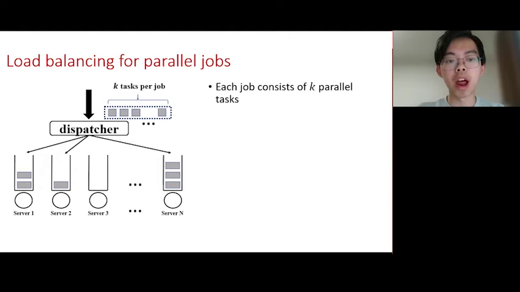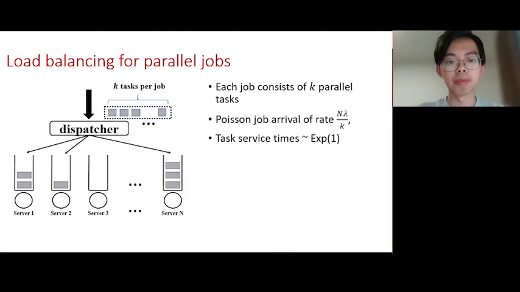Jobs will arrive into the system in a Poisson process of rate n times lambda over k. And the service times of tasks are independent and exponentially distributed with mean 1. It then implies that the traffic load of the system is lambda.